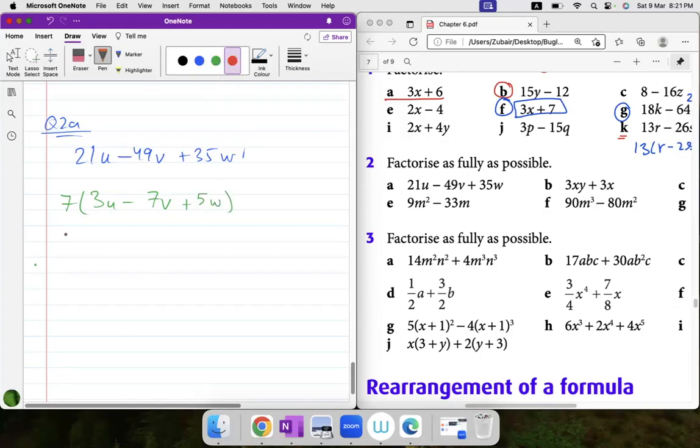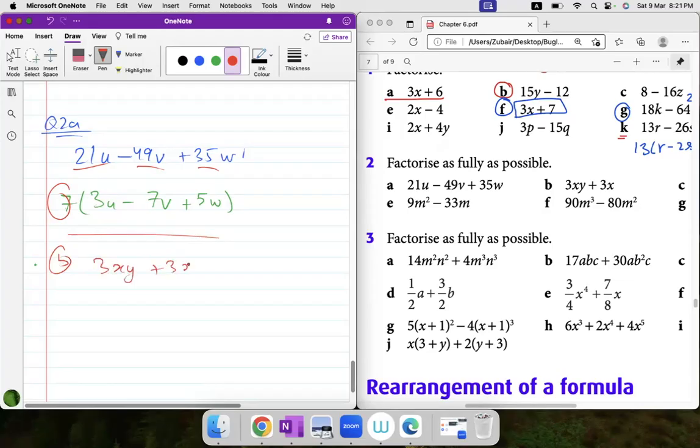So 3u minus 7v plus 5w. Yep. So basically this 7 out here is also the HCF of all these three, the highest common factor.